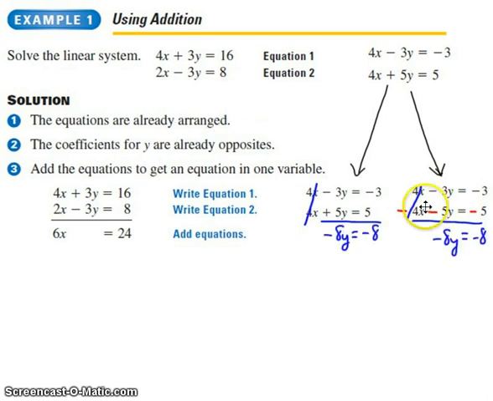I'm going to quickly get to that. I've canceled the 4x's because 4x minus 4x is 0, and negative 3y plus negative 5y is negative 8y. Negative 3 plus negative 5 is negative 8.